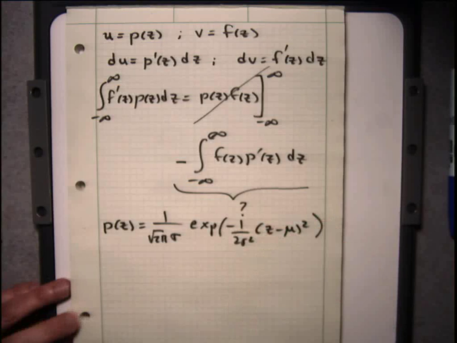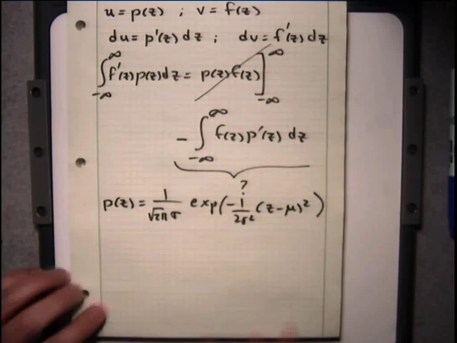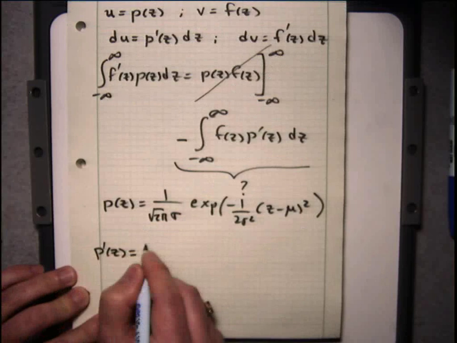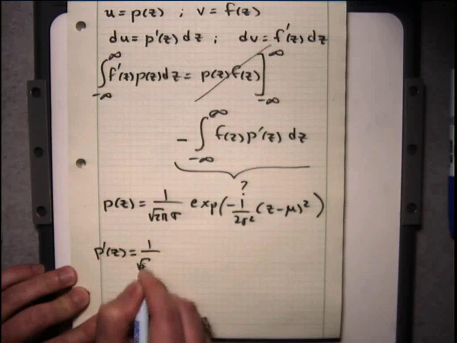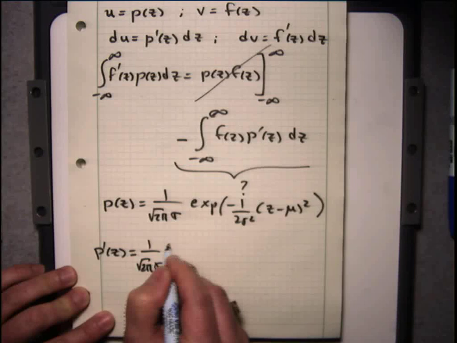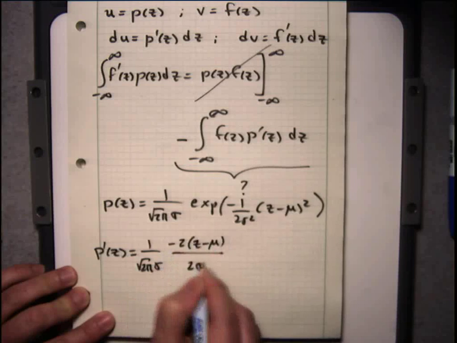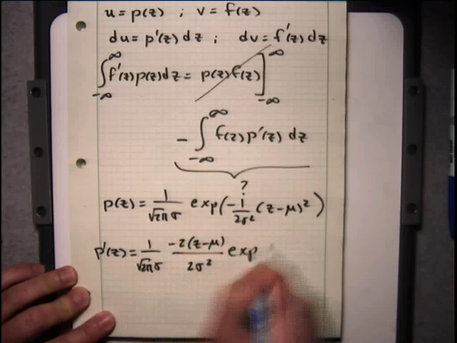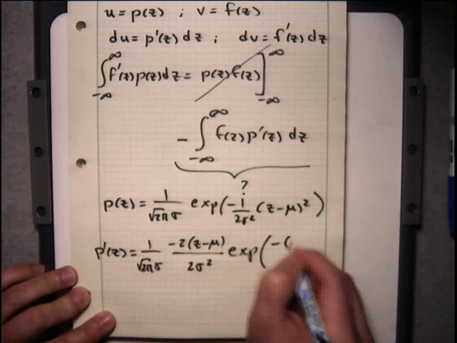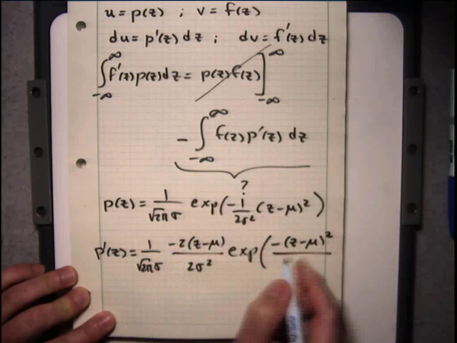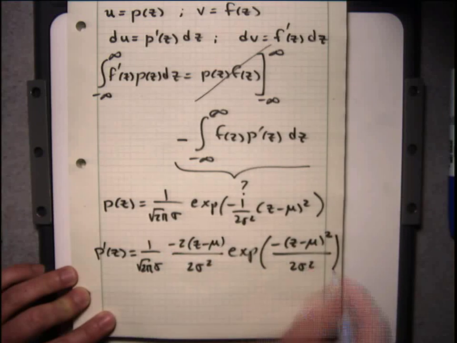If we differentiate this, p prime of z is 1 over square root of 2 pi sigma times minus 2 times z minus mu divided by 2 sigma squared, times the exponential of minus z minus mu squared divided by 2 sigma squared.